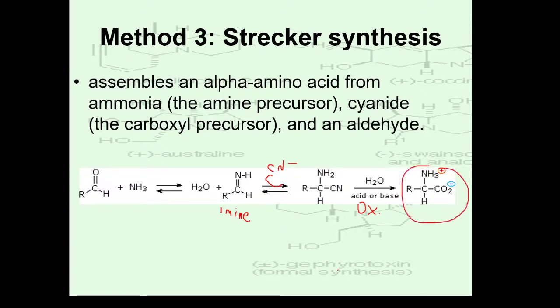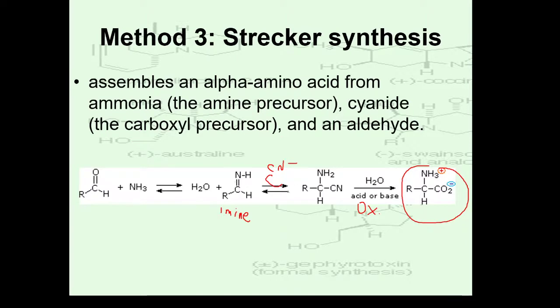So to me, this is a little bit cleaner. I understand that the first method is the simplest, but Strecker synthesis is a little bit cleaner than Gabriel synthesis, to the point where you could essentially sit here and say, boom, I'm going to add ammonia to make an amine. I'm going to take my amine and we're going to oxidize it because we're going to remove hydrogen or a double bond, and create the cyanide. So we're going to lose electrons from the nitrogen.